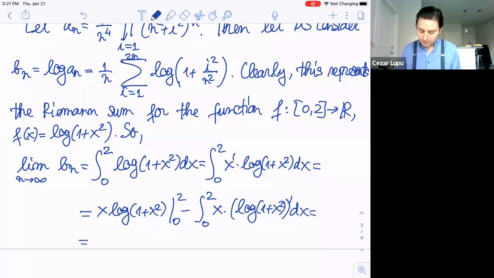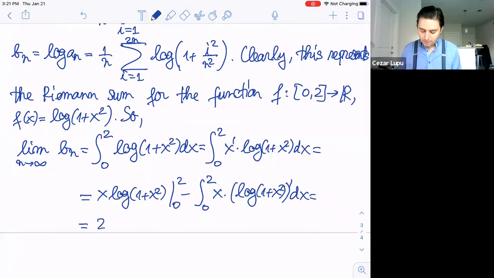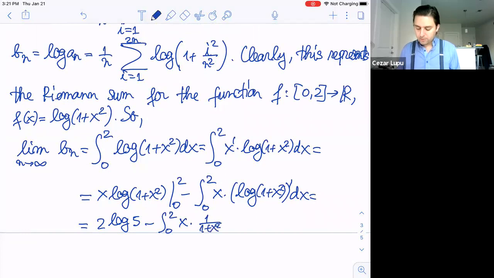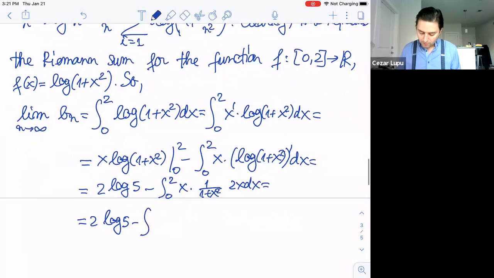And this is 2 log 5 minus the integral from 0 to 2 of x times 1 over 1 plus x squared times 2x dx.